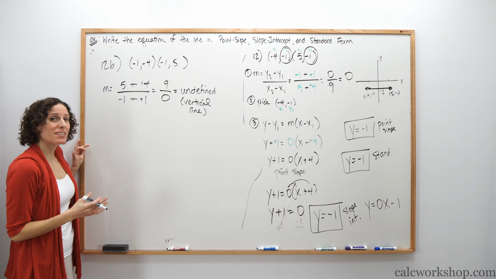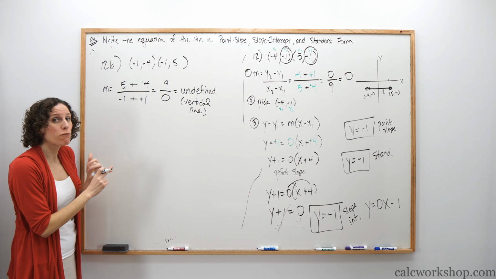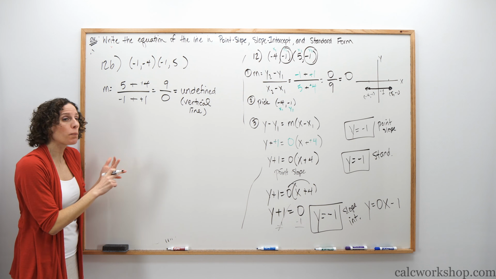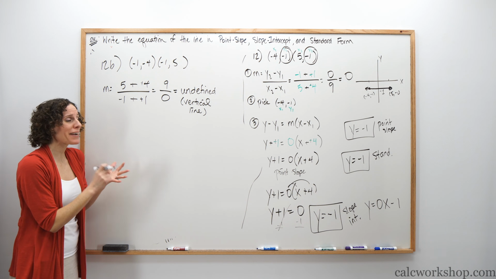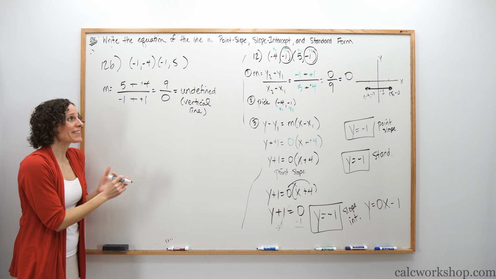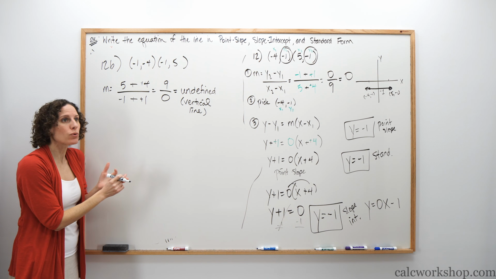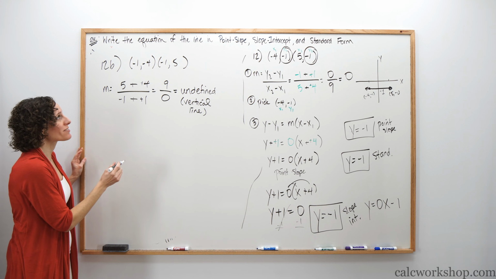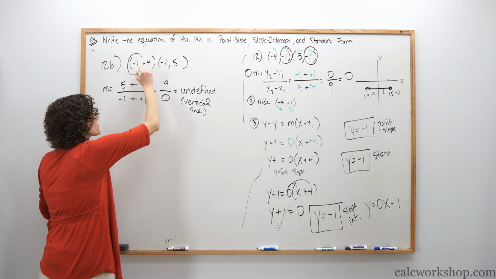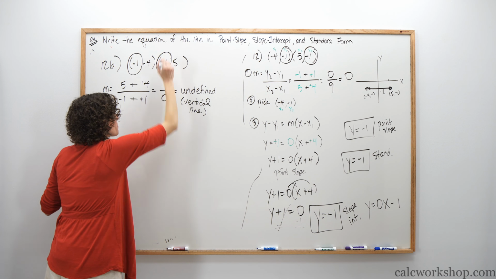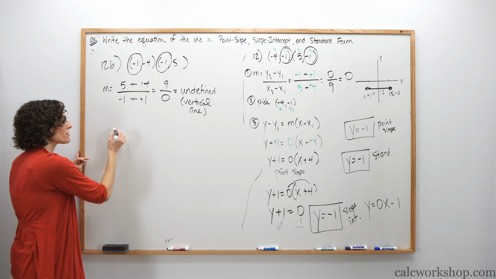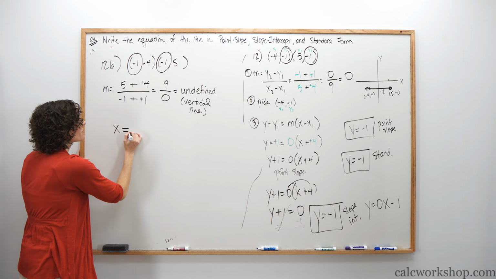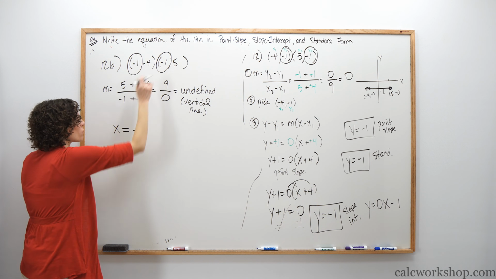So now what we're noticing is that you cannot write point-slope form. You cannot write slope-intercept form. You cannot write standard form for something that you cannot plug into y equals mx plus b or y minus y1. So what do we do in this scenario? Well, we notice they both have the same x coordinate, which means we have the equation x equals -1.